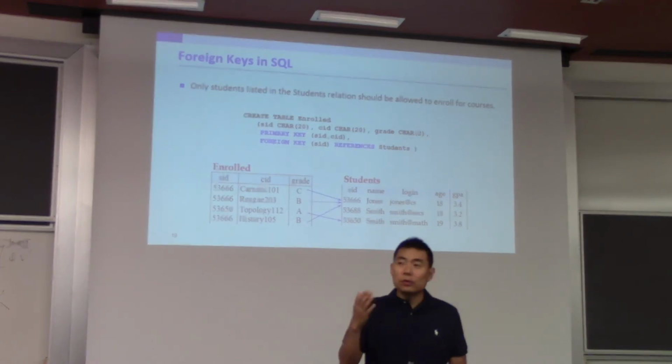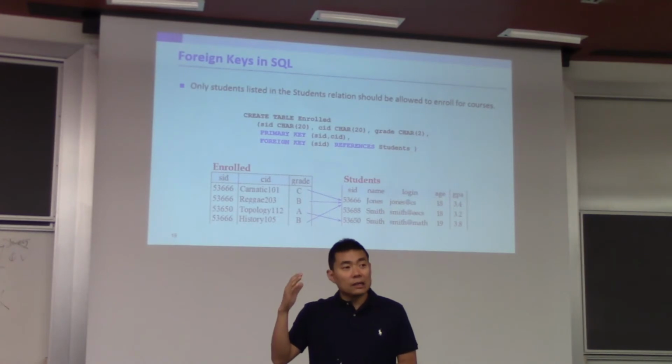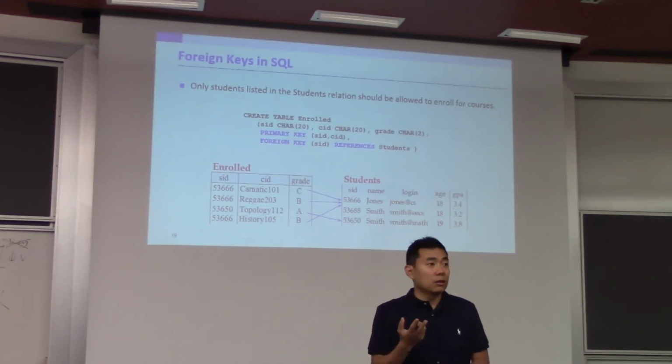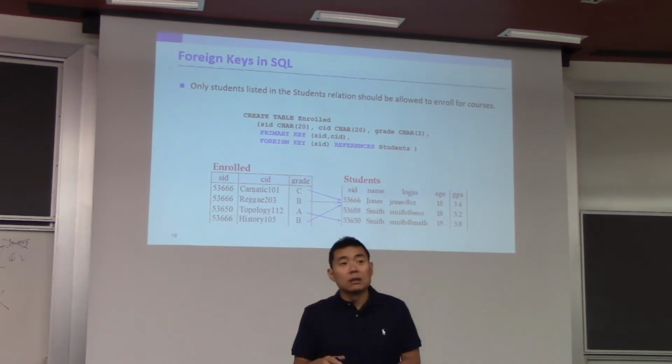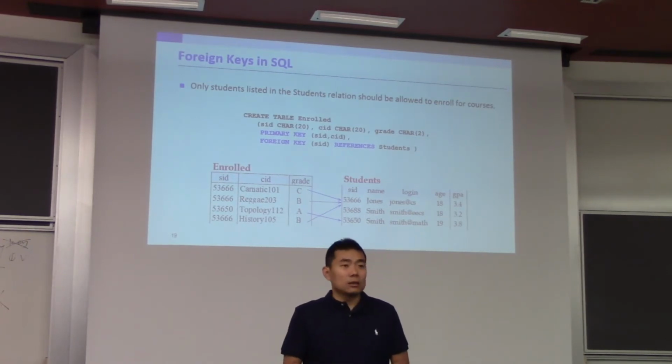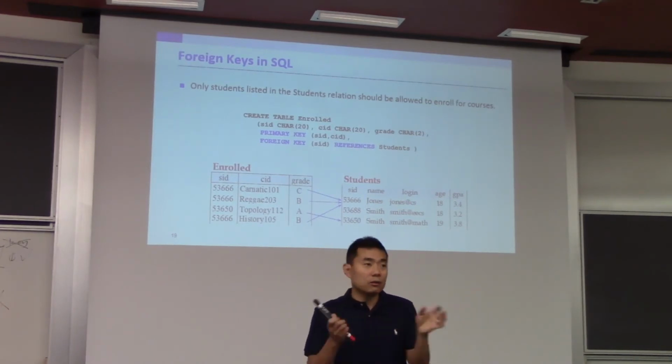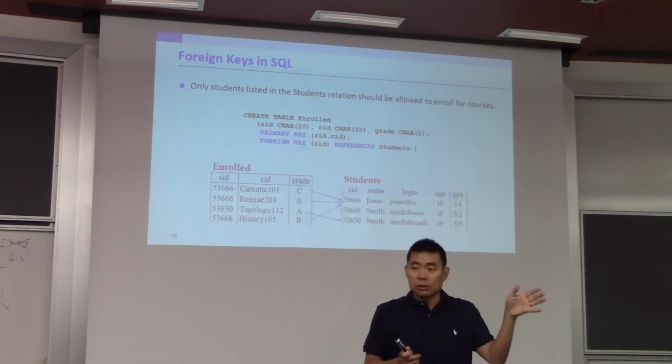And typically, people use the one that you reference the most, if you have multiple such keys, as your primary key. For example, take SID and login. Naturally, you will argue that in most applications you will use SID more frequently than login. So even though both are keys, for that reason I probably will go with SID.